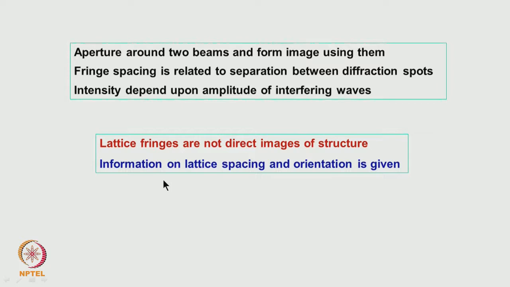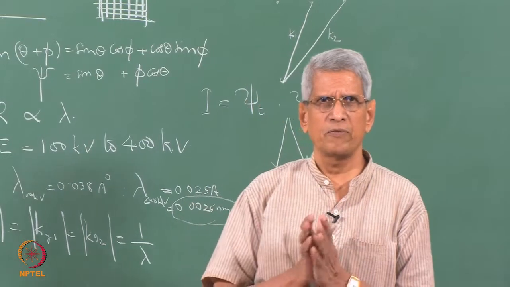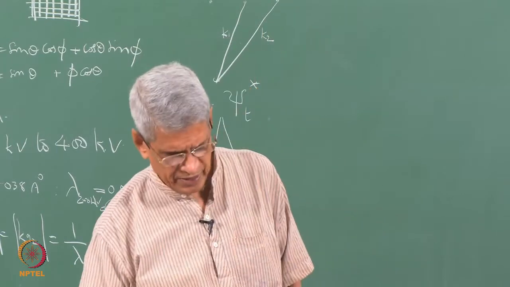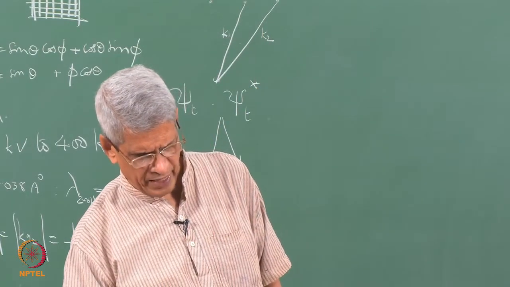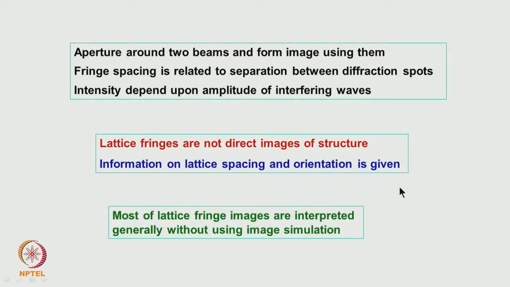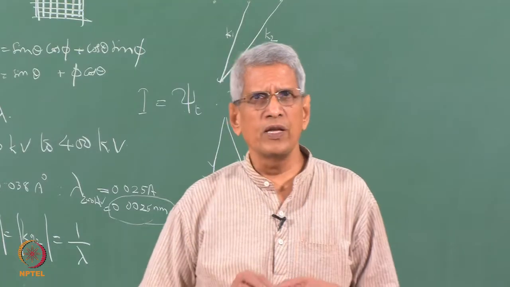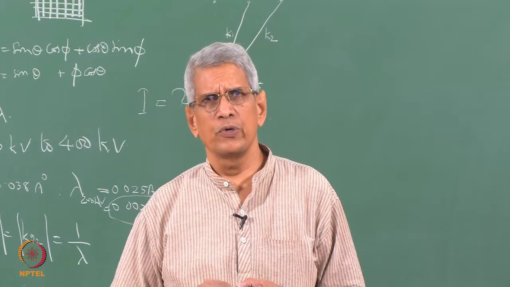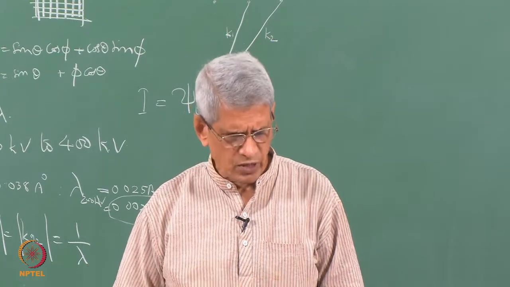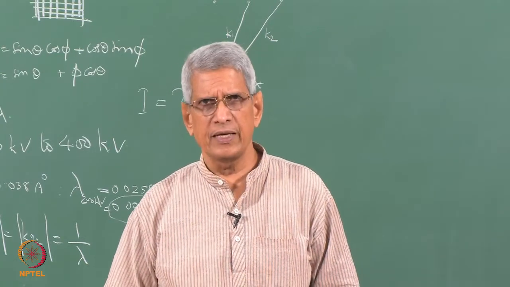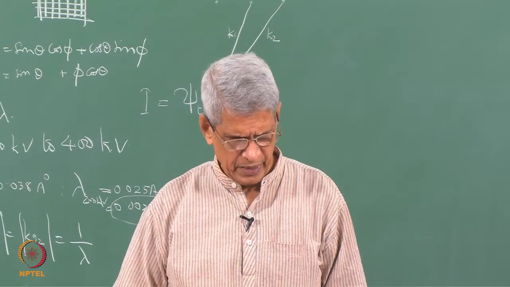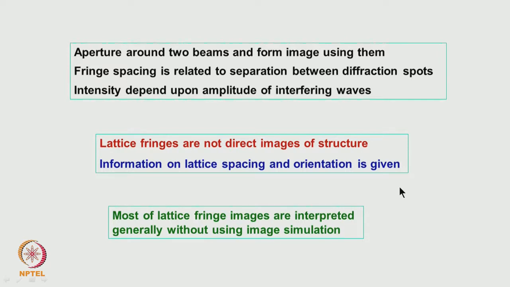Okay. So, from this, lattice fringes are not direct images of the structure. Information on the lattice spacing and orientation we can get. To get actual information, we should do a simulation of the images, and most of the time you will see in the literature that the information available from lattice fringe images is interpreted using simulation.